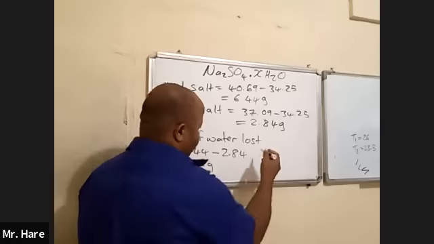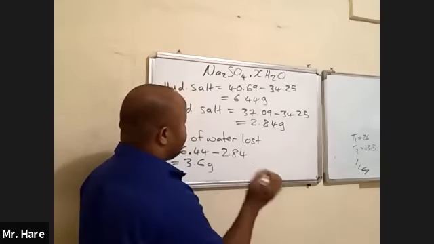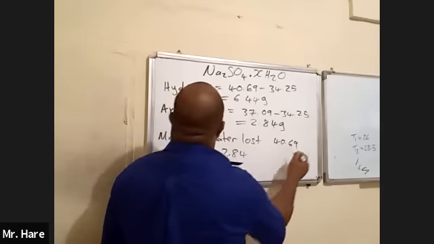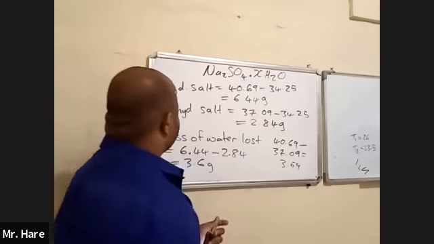So it'd be 40.69 minus 37.09, and I got 3.6 grams.